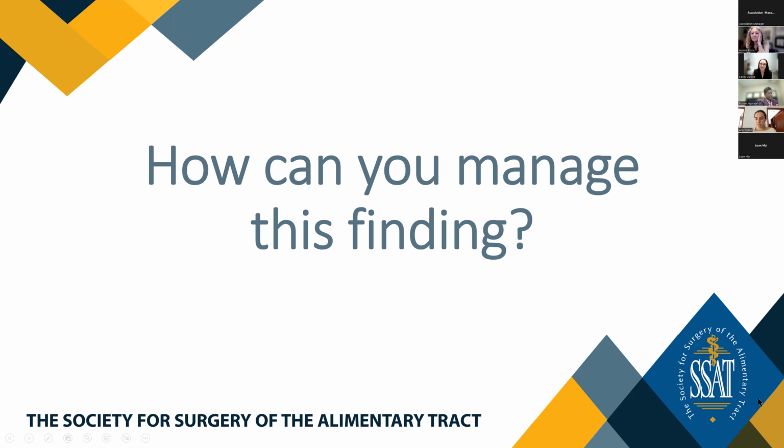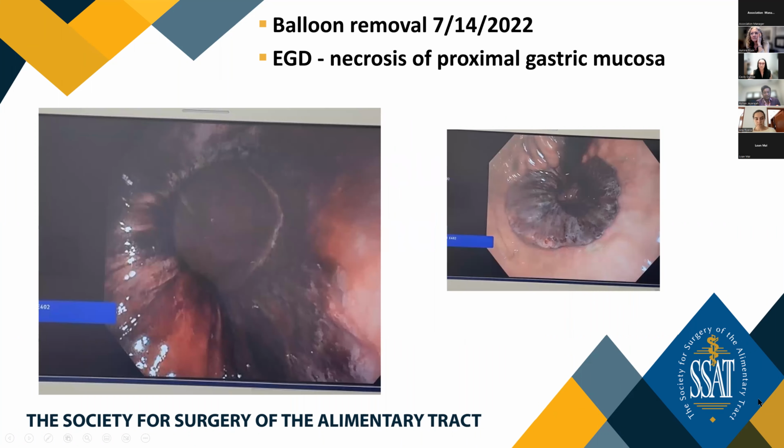Hey, this is Loan from Princeton. I think after we did the deflated balloon and just looking at the EGD findings, I would do a period of observation and see how she does the next 12 or 24 hours. See her abdominal exam, and of course, checking her inflammatory markers.